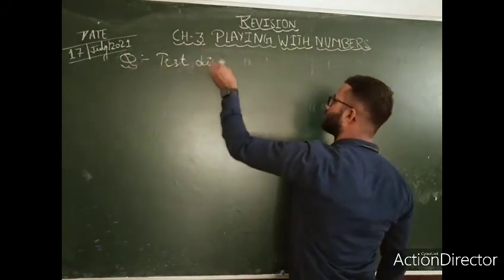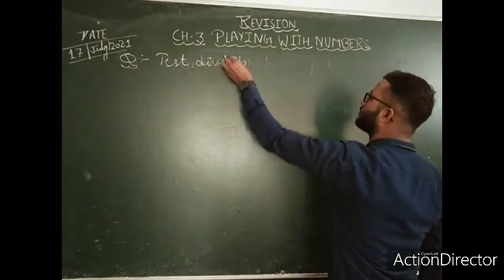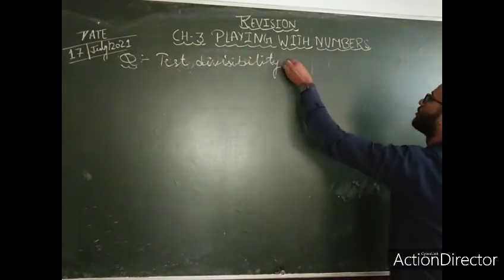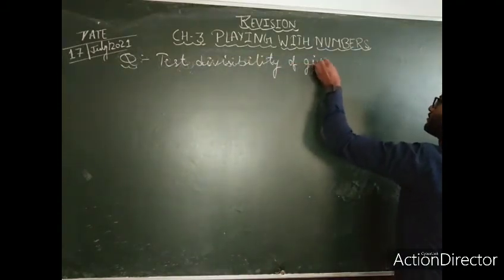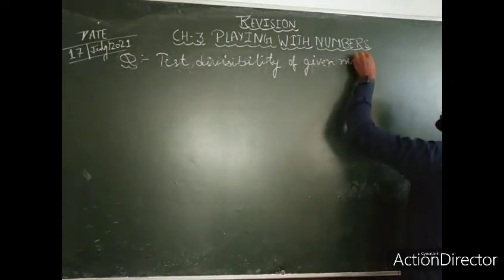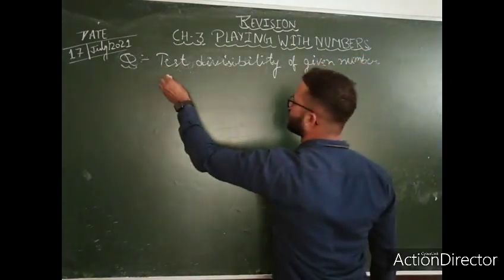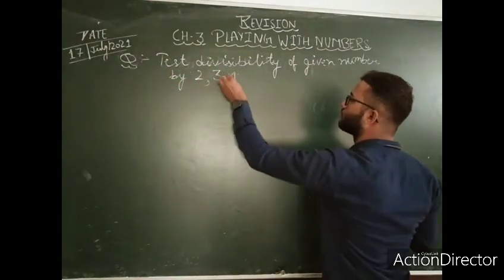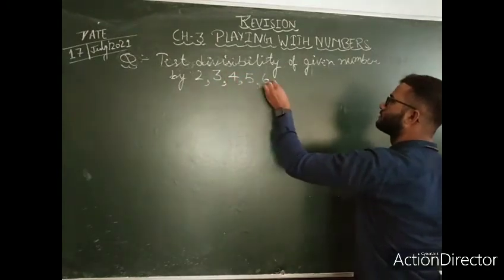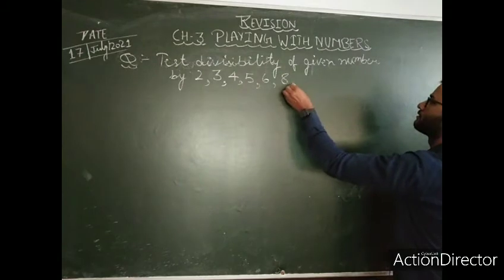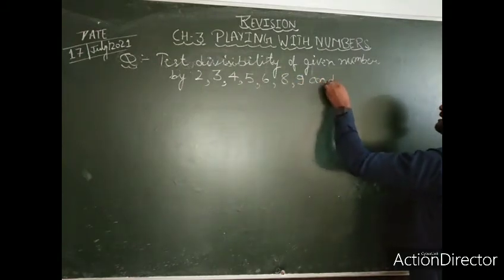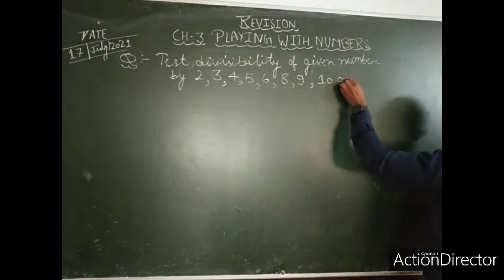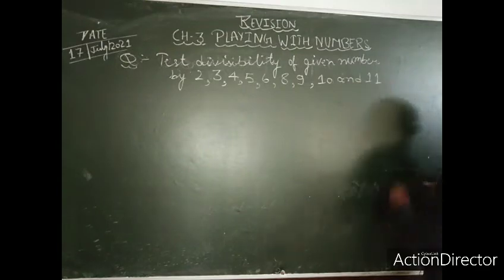Test divisibility of the given number by 2, 3, 4, 5, 6, 8, 9, 10 and 11, right?